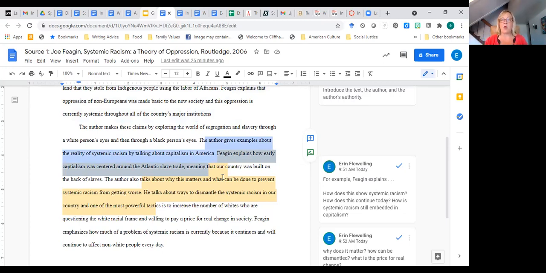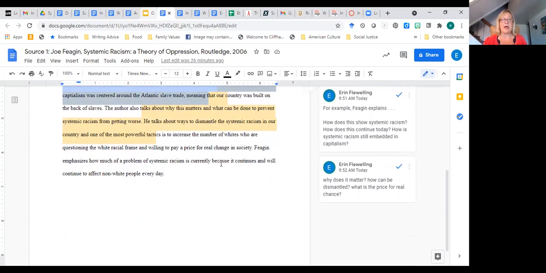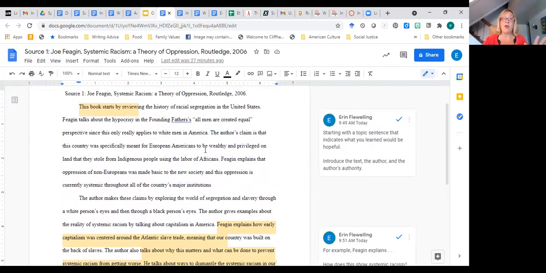Again, how, why, so what? Here's the talking point, is increase the number of whites who are talking about it. How does that happen? Why does this matter? What is the price for change? How do we change it? And so the author definitely has a good overview, but not a lot of details.